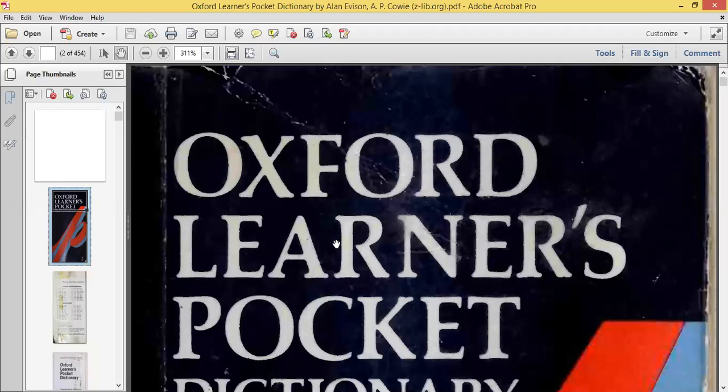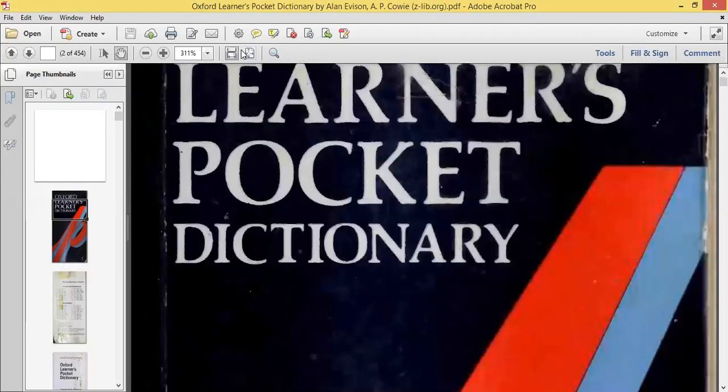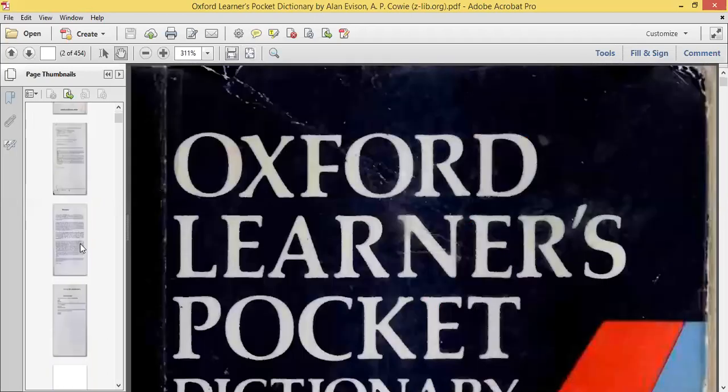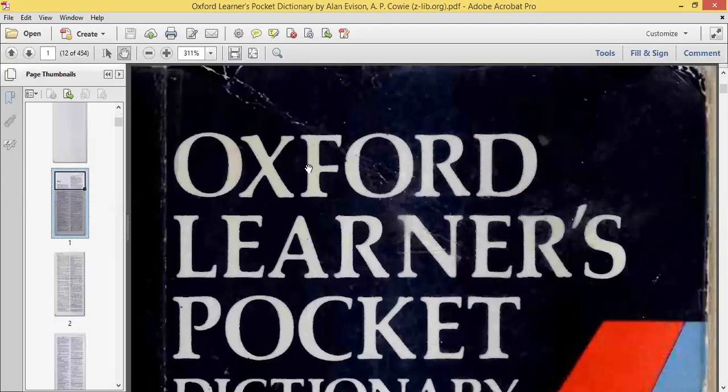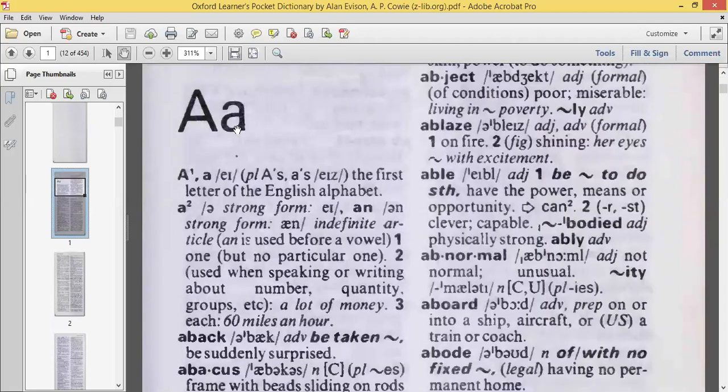So here you can see, this is the front page, the cover of the dictionary. It says Oxford Learner's Pocket Dictionary, right? You can see it well. So here you can see the words starting from letter A and continuing to the other letters of the alphabet.